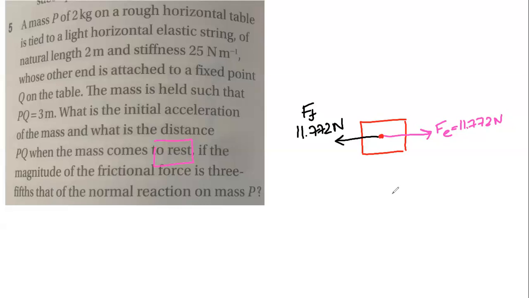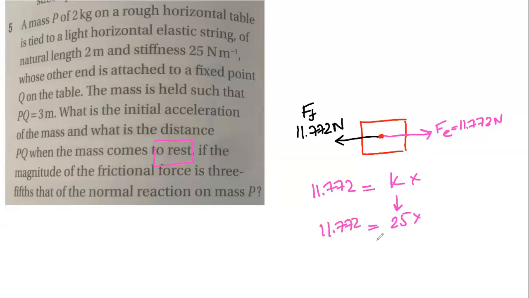So now I'm going to work backwards. For that elastic force, what will be the extension on the spring? That 11.772, which is my elastic force, should equal kx. Extension is unknown. So let me rework it. I know k is 25, so 25x equals 11.772.